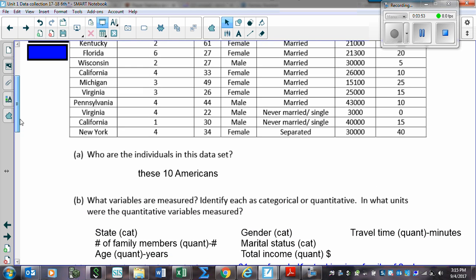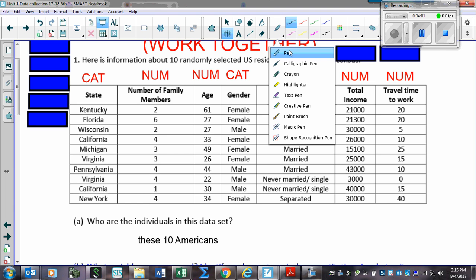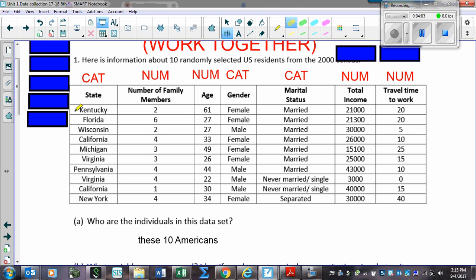And then it says to describe the person in the first row. This is a 61-year-old female who's married, so she and her spouse are the only 2 people in the house.